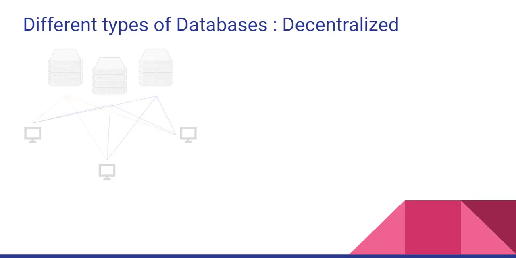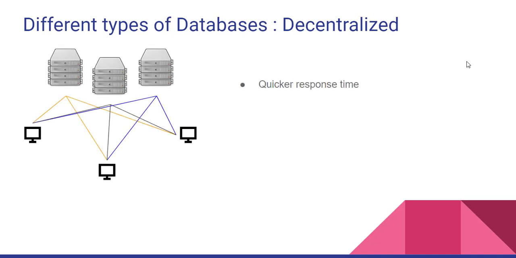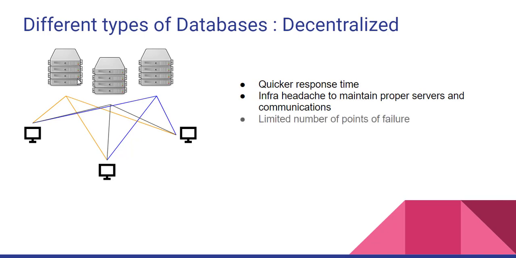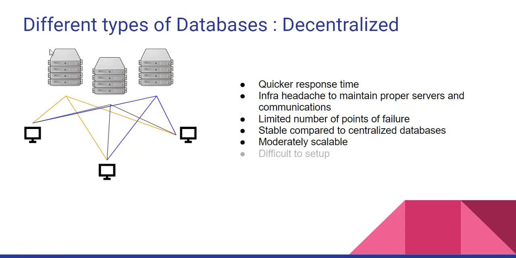Moving forward, the next type of database is decentralized. Instead of storing all the information on a single server, you divide the information into parts and store them on different servers. For example, this particular server is for ID data, this server is for employee data, this is for customer data, and so on and so forth. Each of the nodes can connect to any of those. Now you can see that we have limited our points of failure, and because we are connecting to multiple servers, we will see a higher throughput or response rate.